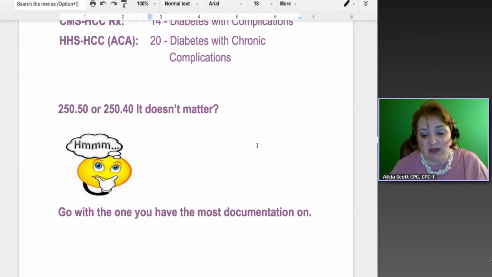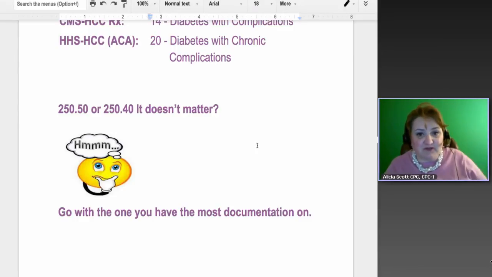And by that I mean maybe the signature is not right, or maybe when it's scanned in to go to the MA plan, they can't read the date of service, or the patient's name might not be clear, so they can't count that one. So if you send in one encounter and it's not clear for whatever reason, there's delays and all kinds of problems. So I would say for a physician, they capture everything.